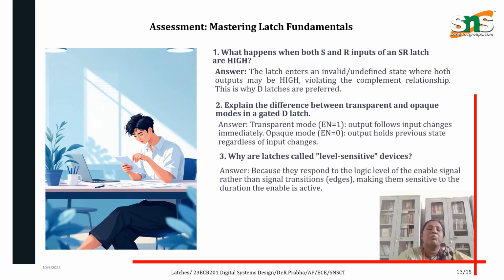But in opaque mode, enable is 0, output holds the previous state. And third question, why are the latches called level sensitive devices? Because latches respond to the logic level of the enable signal rather than the edge transition, positive edge or negative edge.